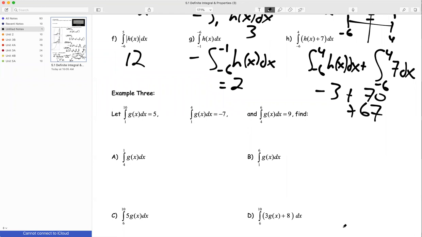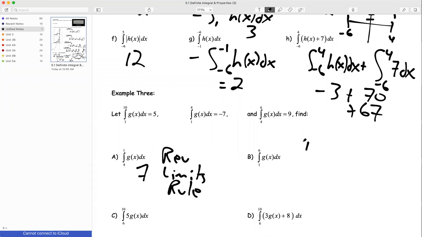Here we go. Let the integral from 1 to 10 of g of x dx equal 5, the integral from 1 to 4 equal -7, and the integral from 4 to 6 equal 9. First, we want to find the integral from 4 to 1. Well, this would just be +7 using my reversing limits rule. Okay. Here I have the integral from 1 to 6.